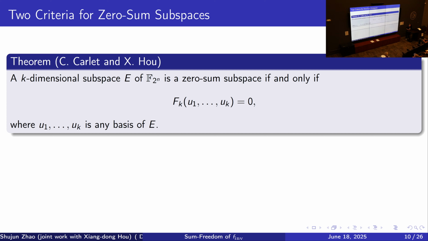So we have the criterion saying that for a k-dimensional subspace E, how do we know it is a zero-sum subspace? We just take all the roots of E and evaluate the function fk at all the roots. E is a zero-sum subspace if and only if this polynomial value is 0.